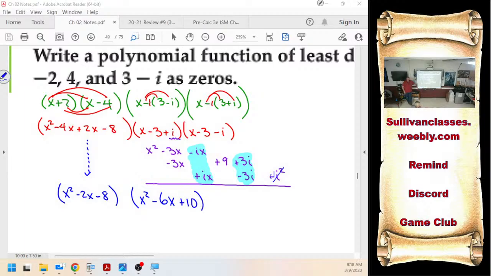We all got to get to this spot. You got to go again because we ain't there yet. This thing has 4 zeros. I need a quartic by the end of the problem, but I have a quadratic times a quadratic. Again, box method, stack multiplication, spaghetti monster, whatever your jam is.